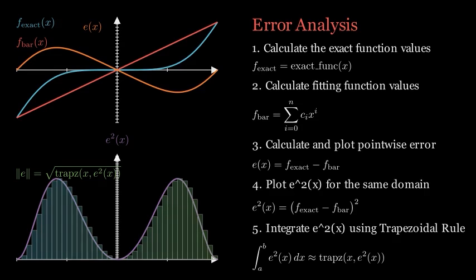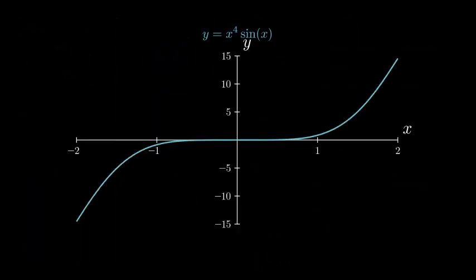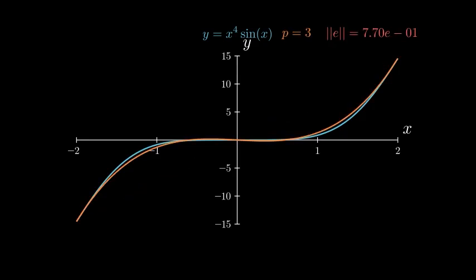Now since we have understood the code, let's use it to do a lot of fits. First example is x to the power 4 sin x. And increasing the order, we see that the error is decreasing.